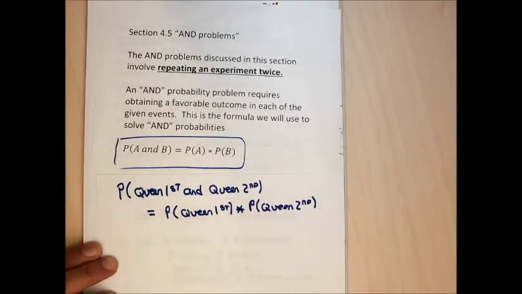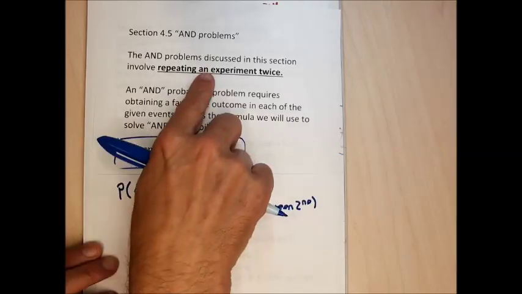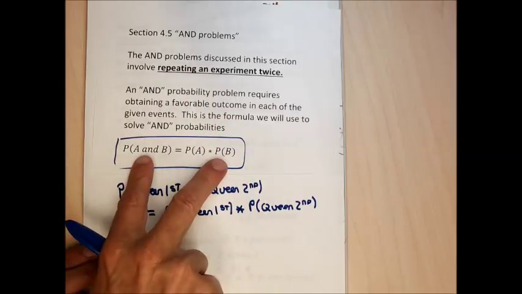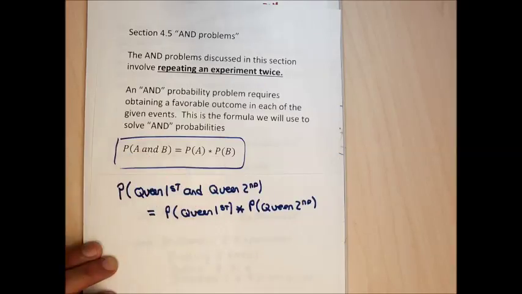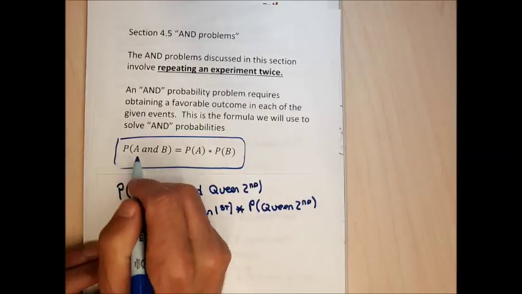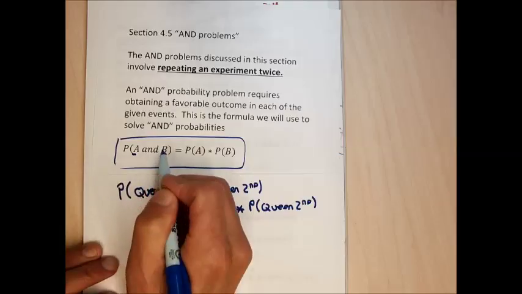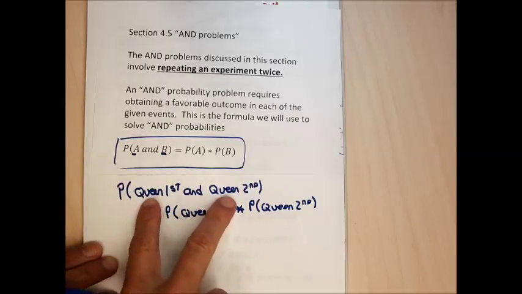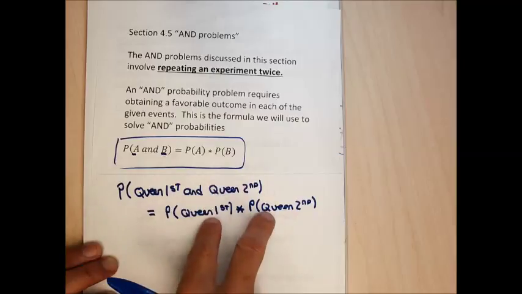So in order to do this problem, because it's repeating an experiment twice, I decided I was going to use the probability formula for "and" problems, which is the formula that we use when we're finding probabilities for doing an experiment twice. I took the A and the B out of the formula, and I made them fit the problem, and then I interpreted how the formula would work for this problem.